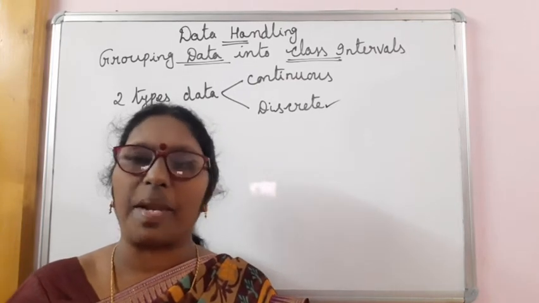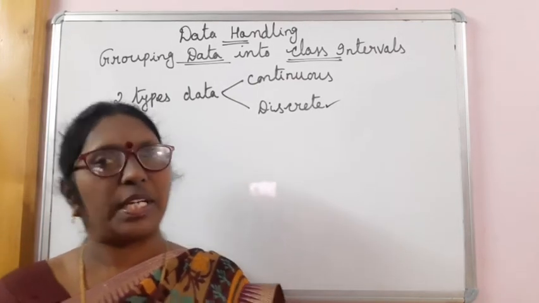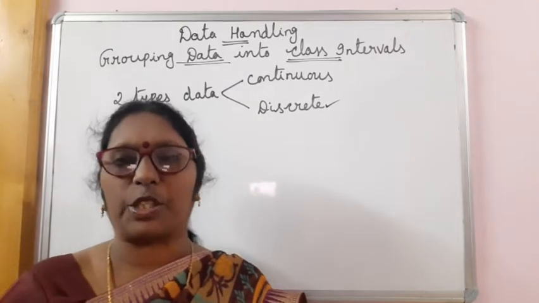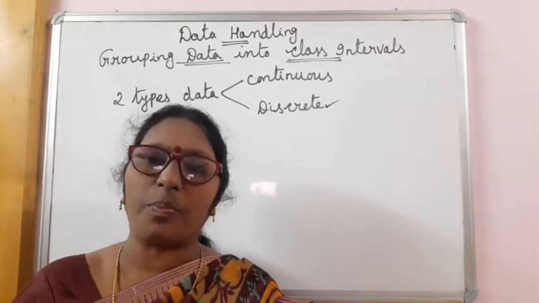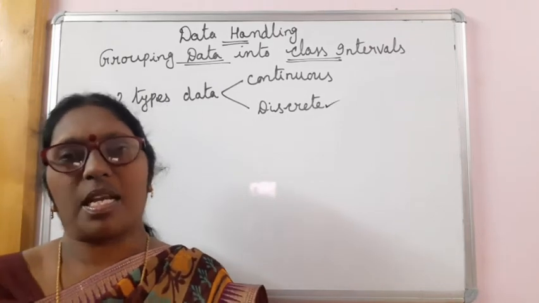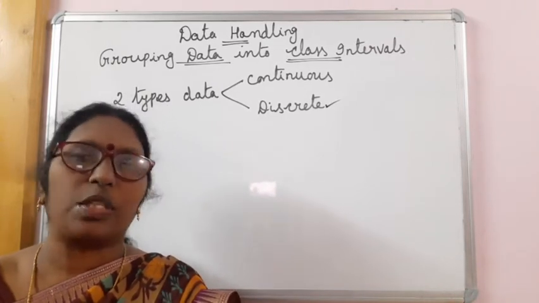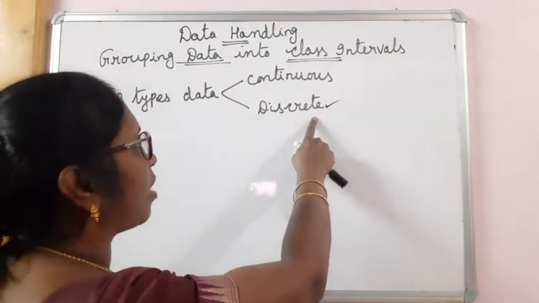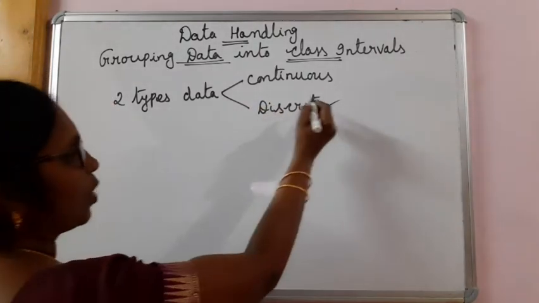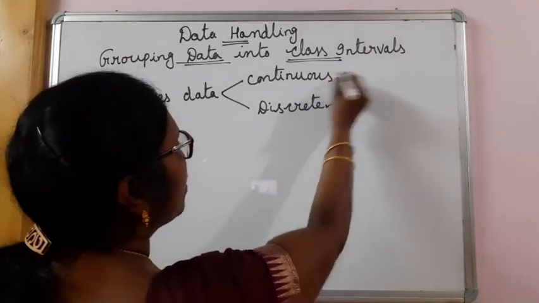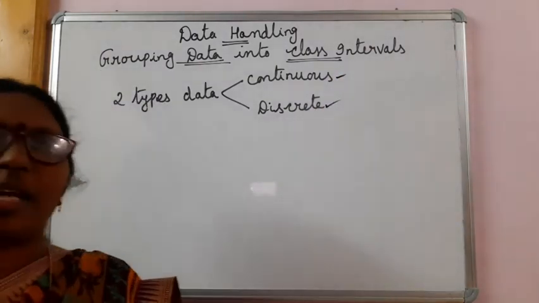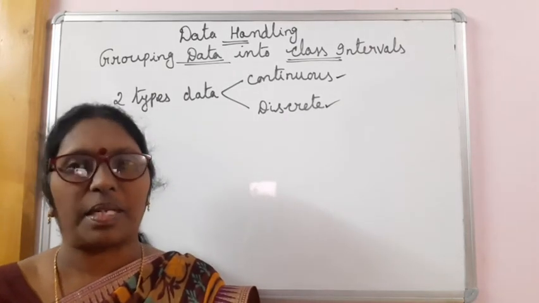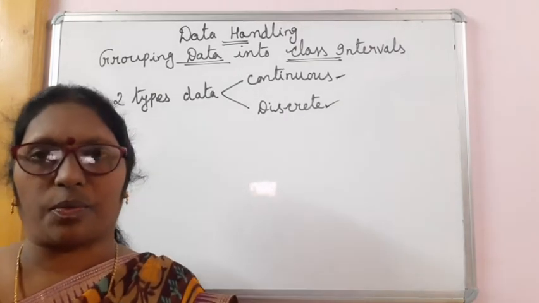See, it need not be exactly 4 feet or 5 feet or 6 feet. Same way the age of the children may not be 3 years, 4 years, 5 years, maybe 3.1, 3.2, 3.4 years and so on. So discrete data means the data having only whole numbers. Continuous is any number. It may have a whole number or any other number in between two whole numbers also.